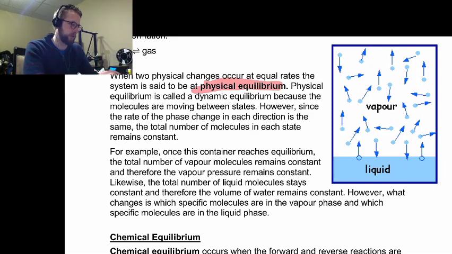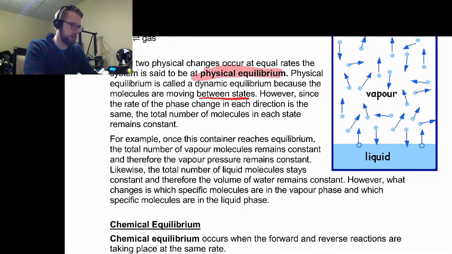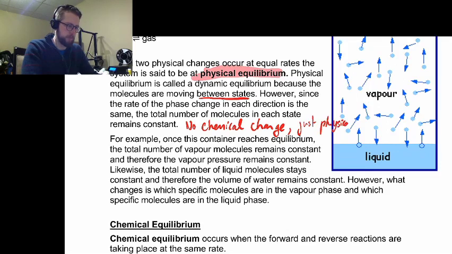So this is moving between states. Just physical states.